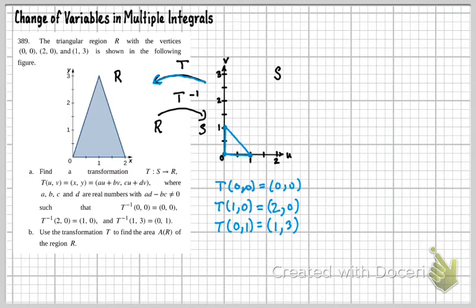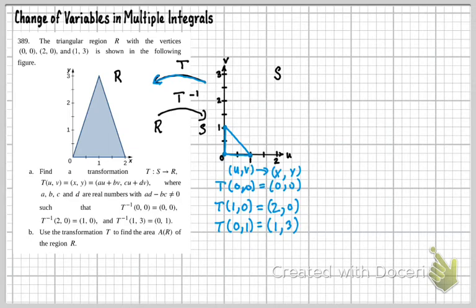Now remember, these are my X's and these are my Y's. These are my U's and these are my V's, because now we're doing a mapping from S into R, and my S is U's and V's, and my R is in terms of X's and Y's. That's something to note here.